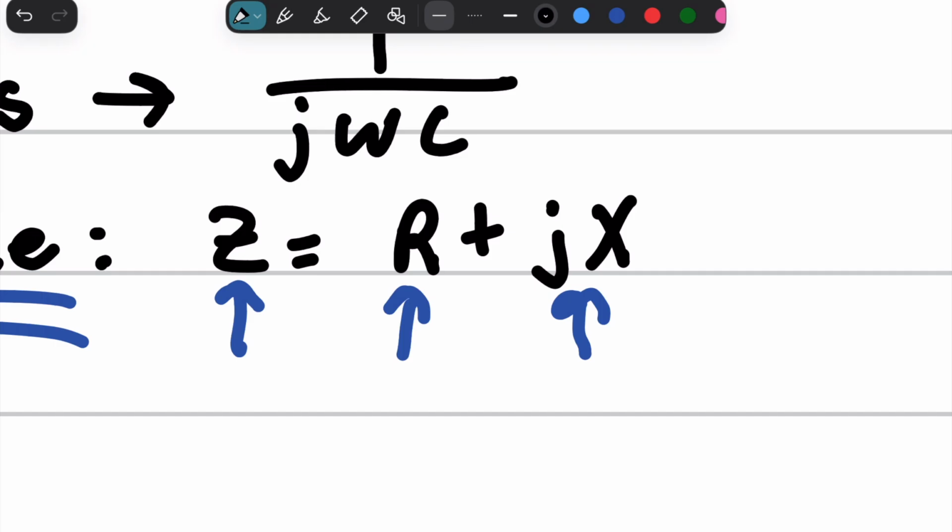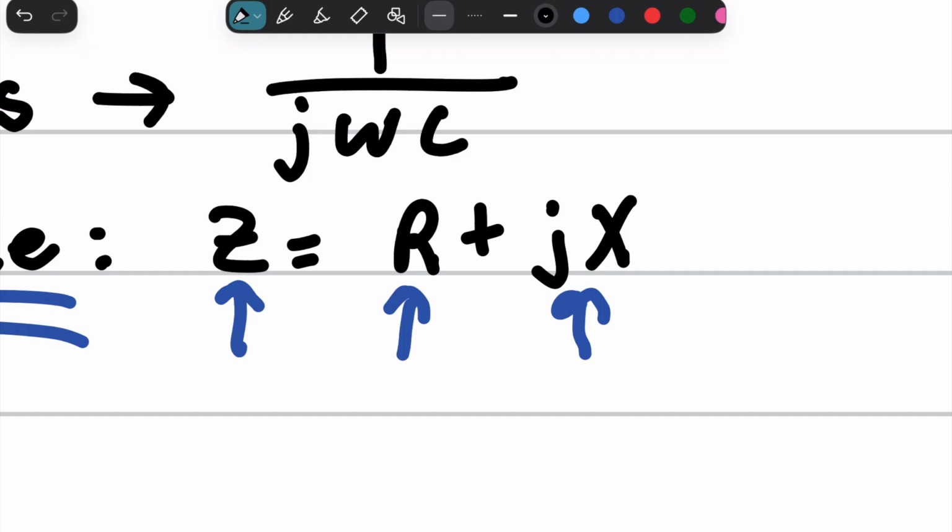Now, the reactance is basically how the capacitors and inductors behave with one another, right? We know from transient analysis that capacitors and inductors can move the energy around, and they can be blockages or they can be closed circuits to allow all the energy to go through.